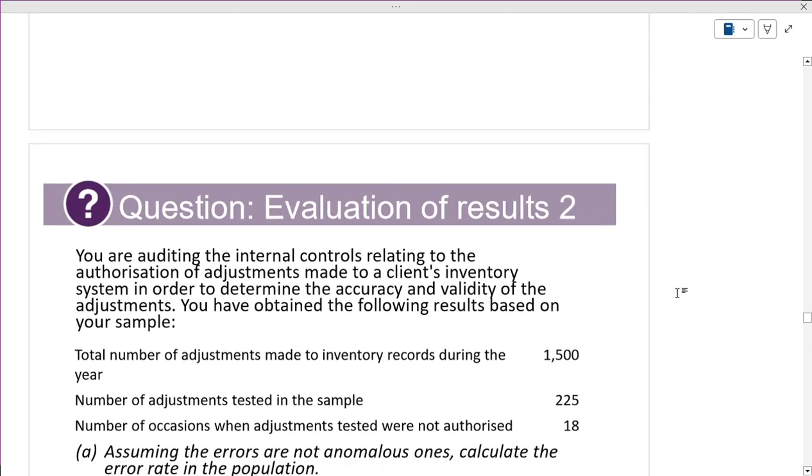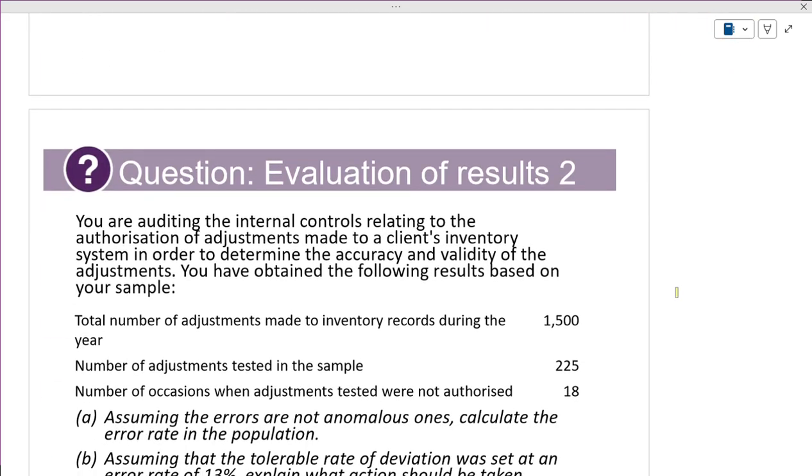Now you see the thing. You are auditing the internal controls relating to authorization of adjustments to the client inventory system. They are talking about who is going to do adjustments for the client. In order to determine the accuracy and validity of adjustments, you have obtained the following results.